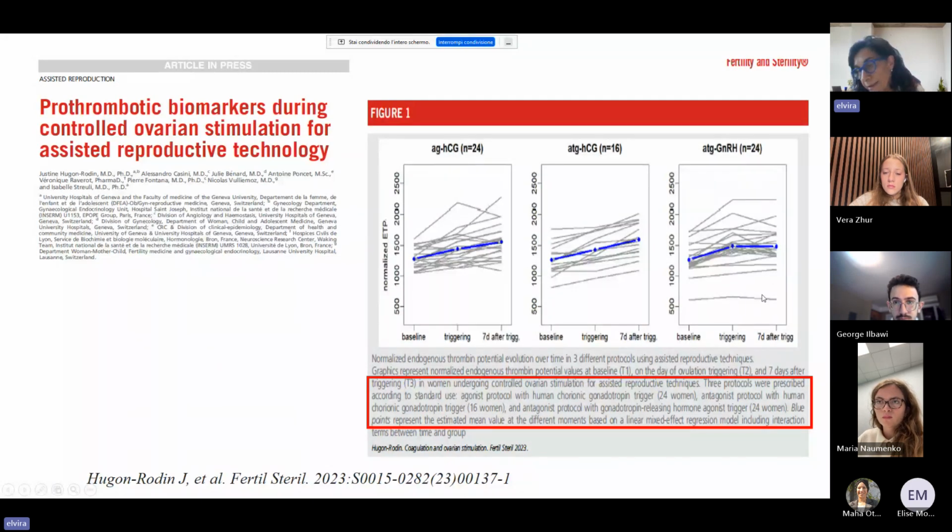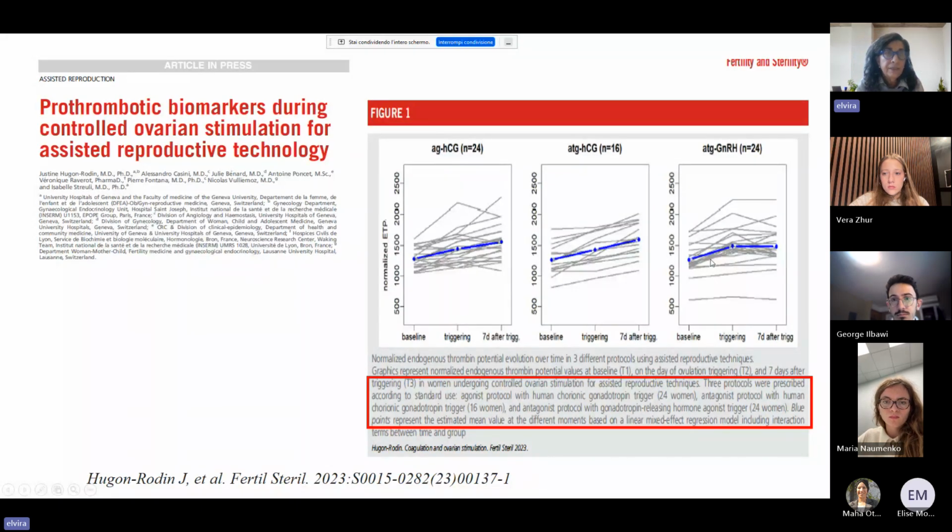In this picture, you can see what happens in terms of thrombin generation. There is no change in thrombin generation when you don't use this prothrombotic agent, when you use different protocols.